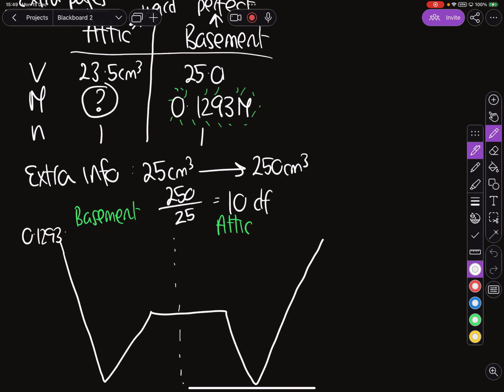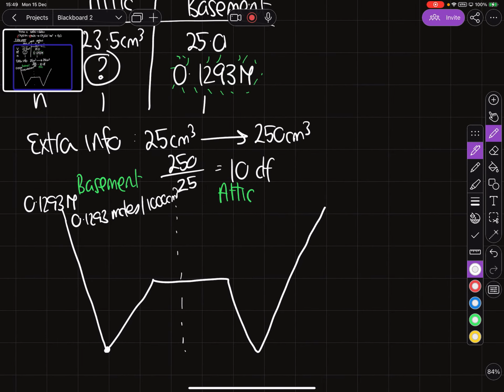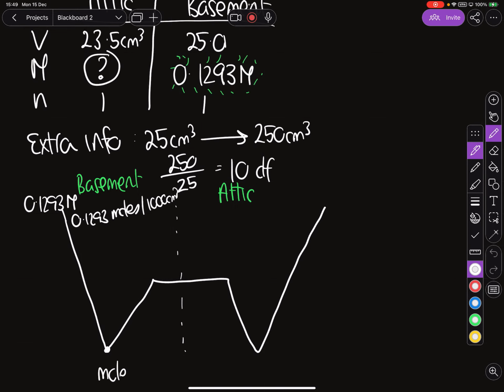I always ask you to please expand this. What does it mean? So it's 0.1293 moles, and that is in 1,000 centimeters cubed. You now know at the bottom of our W that that is moles per centimeter cubed.